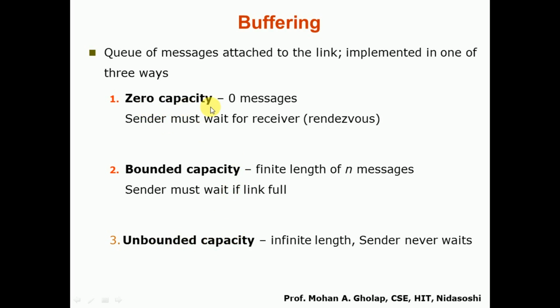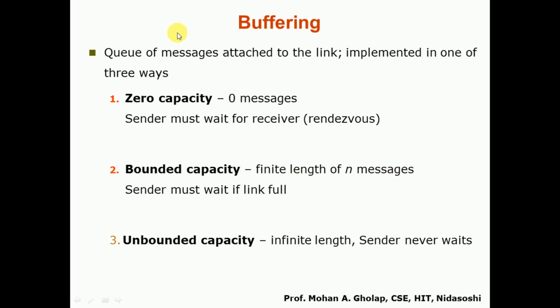In the zero capacity, as the name itself indicates, we cannot have any messages. Zero messages means the sender must wait for the receiver. So whenever sender sends a message, it should wait until the receiver receives that. Here we don't have any kind of storing. But in case of bounded capacity, a finite length of n messages will be there, and sender must wait if the link is full.